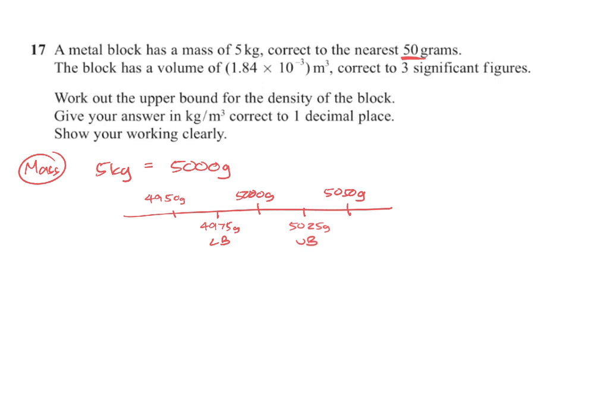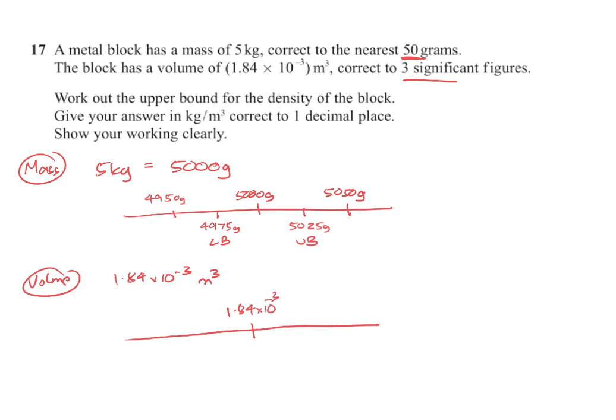We're going to look straight now onto volume. So the volume is written as 1.84 times 10 to the minus 3 meters cubed, and it's correct to 3 significant figures. Again, I'm going to put it onto a number line. So 1.84 times 10 to the minus 3.